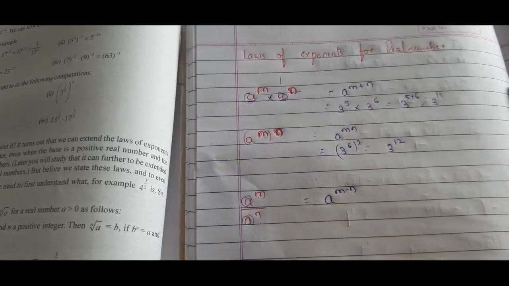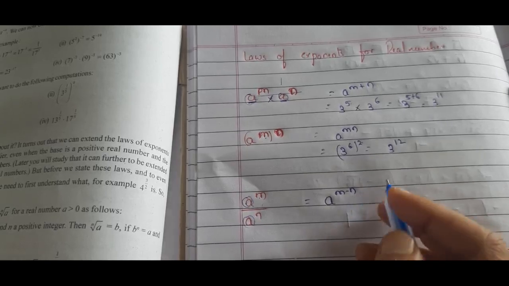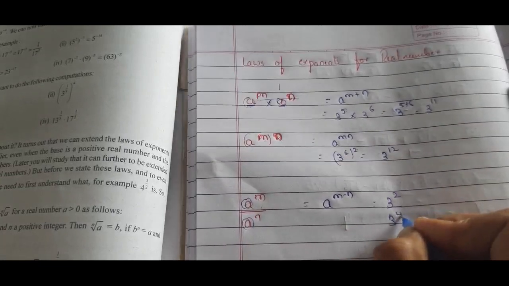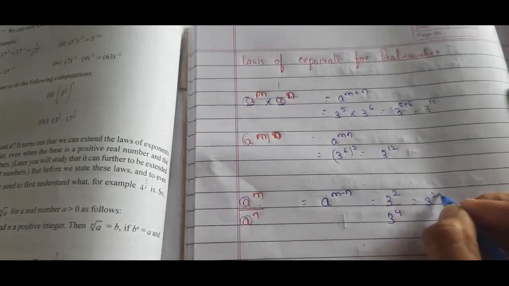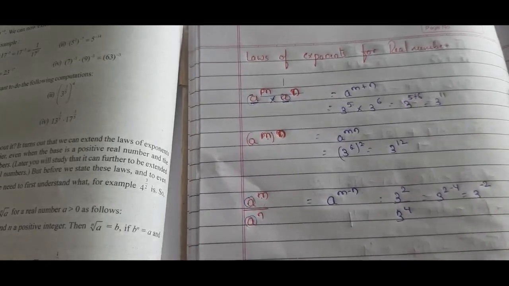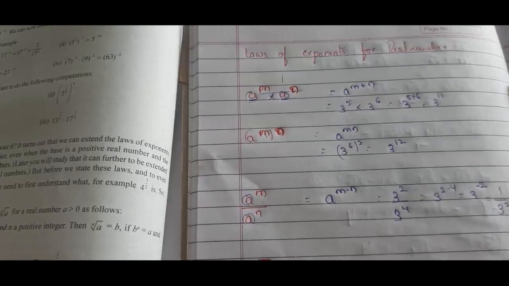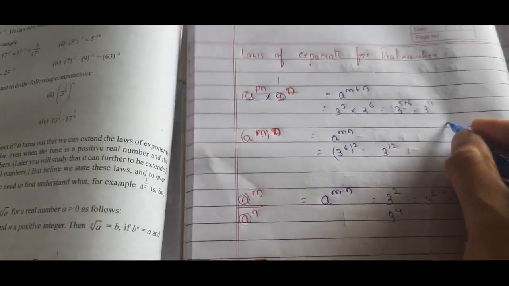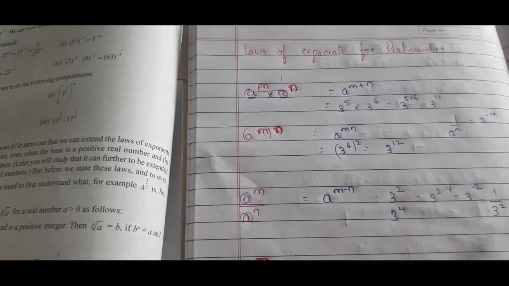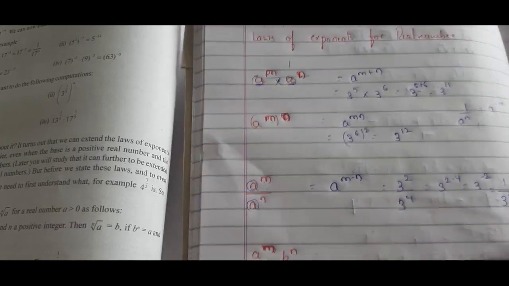When bases are the same and exponents are different, the answer is a raised to m minus n. 3 raised to 2 divided by 3 raised to 4 is 3 raised to 2 minus 4, which is minus 2. Again we can write 1 by 3 square. We learned that formula: 1 by a raised to n is a raised to minus n. By the help of this we can write 3 raised to minus 2 as 1 by 3 square.